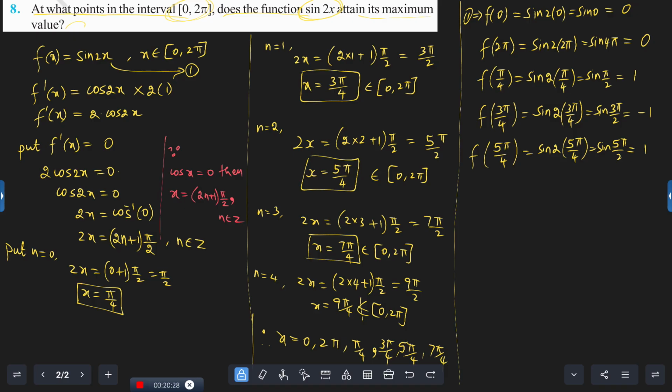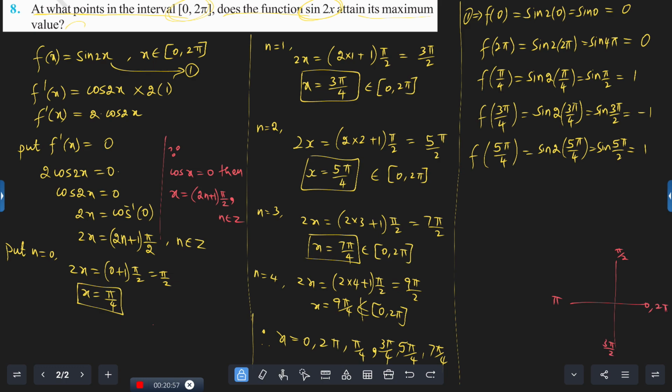How do you get 5 pi by 2 as 1? I will tell you, listen. Actually, this rough work you have to do in this place only. Here 0. If you go one quadrant you cross pi by 2. Again one more quadrant, adding another pi by 2, you get pi. One more pi by 2 gives 3 pi by 2. One more quadrant gives 2 pi.